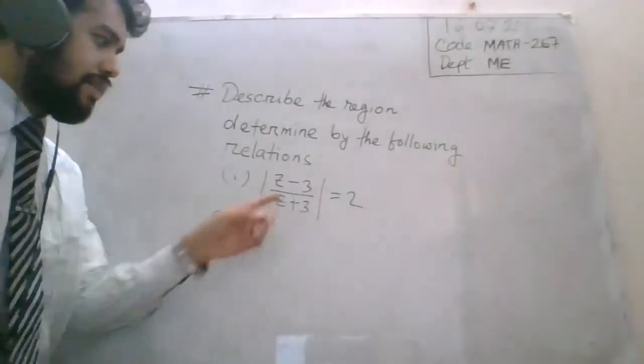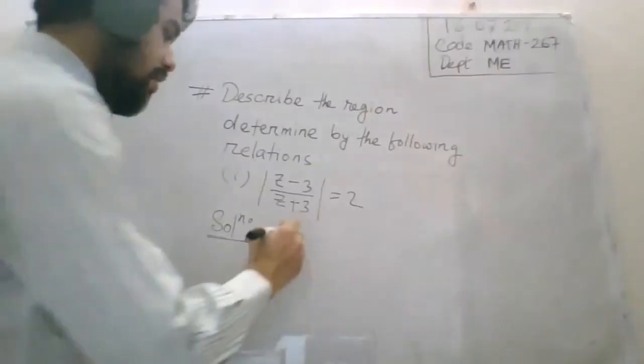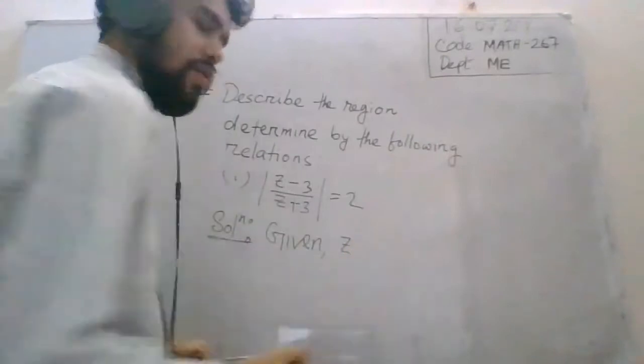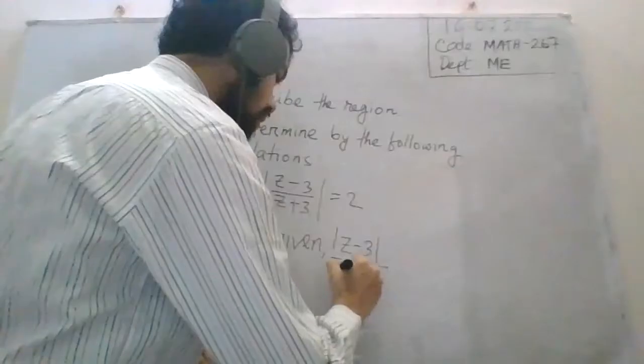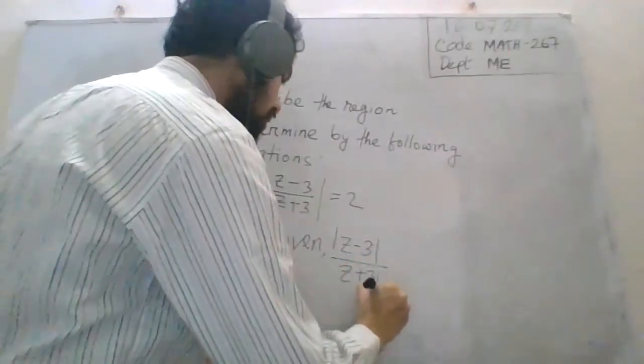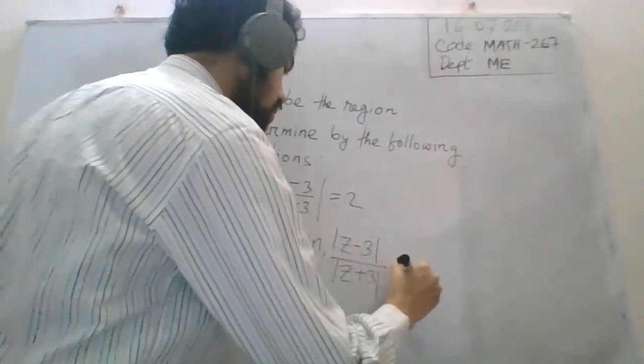Given z is x plus iy. Z is equal to x plus iy. Exactly. Okay, so then you put minus 3. Just take a look here. Z plus 3 is equal to 2. I can write it this way.